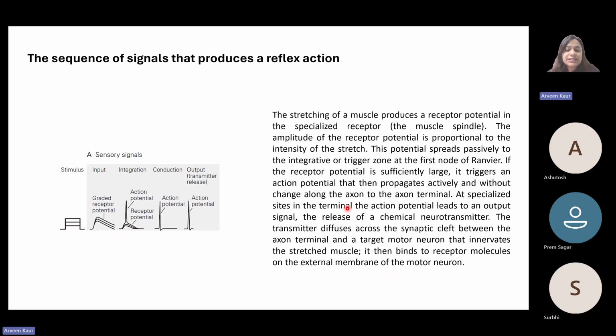At specialized sites in the terminal, the action potential leads to an output signal, the release of the chemical neurotransmitter. The transmitter then diffuses across the synaptic cleft between the axon terminal and the target motor neuron that innervates the stretched muscle, and then binds to the receptor molecule on the external membrane of the motor neuron. So it is going from the point where it receives the stimulus to the motor neuron eventually, right?